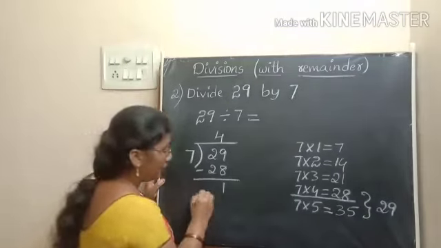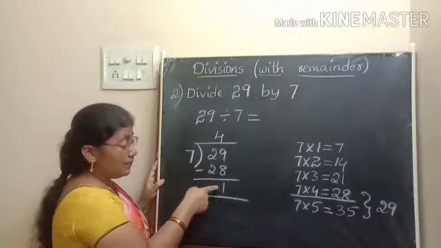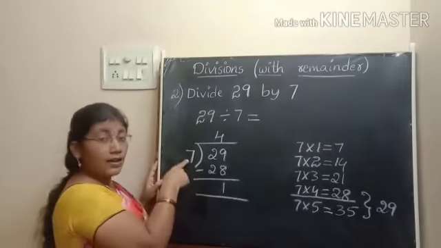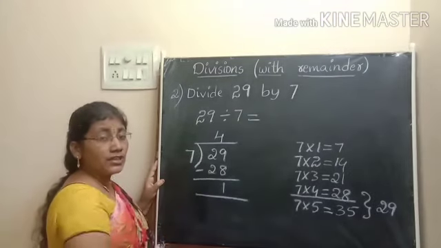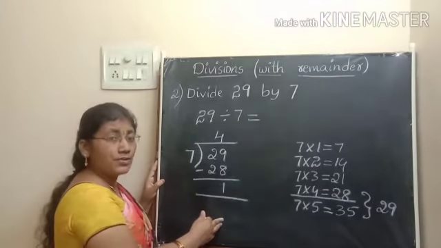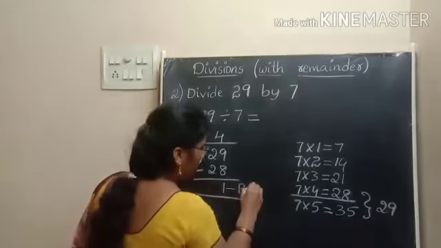There is no need to write 0 here. This is the remainder because 1 is less than 7. That's why there is no need to continue this operation. Understood? So 1 is the remainder.